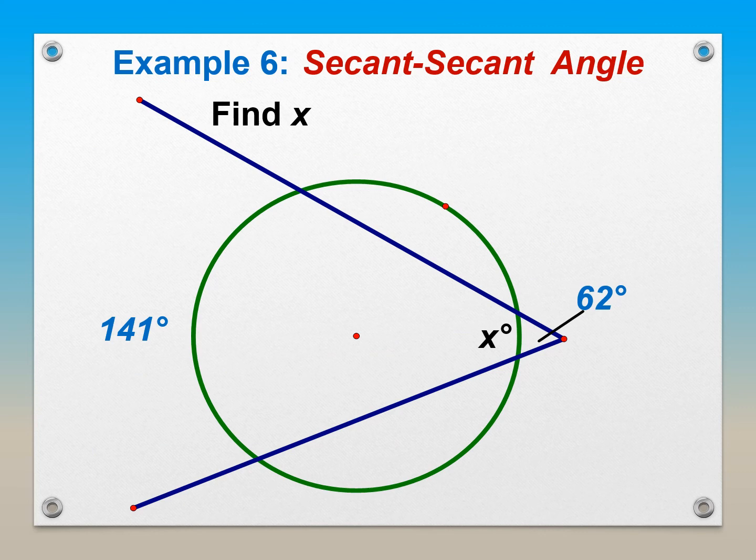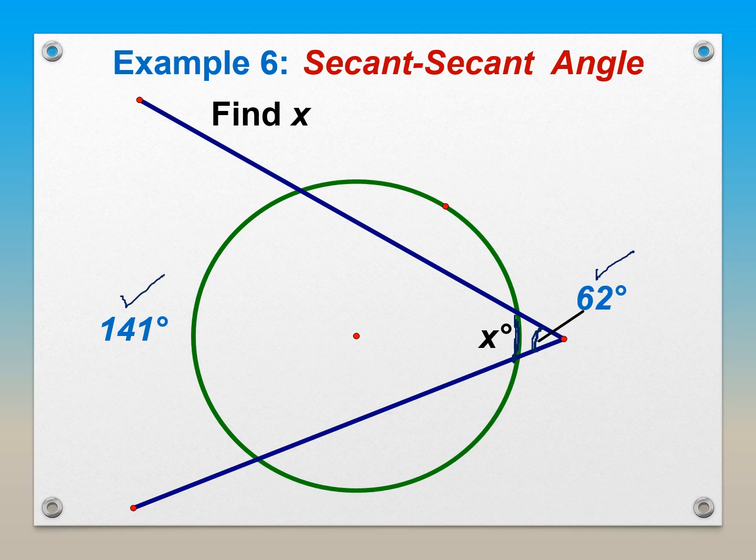And now for the last example, applying the third theorem, we have two secants here again that intersect outside the circle. We have to look for the measure of x. But this time, this x is the measure of an arc, because the angle here is given, which is 62 degrees. Another given is the measure of the bigger arc, which is 141 degrees.